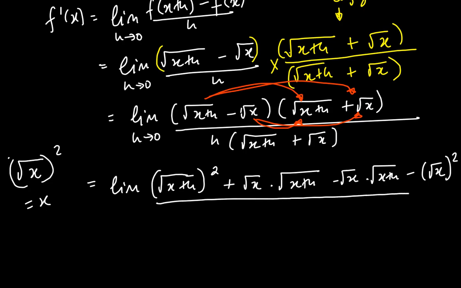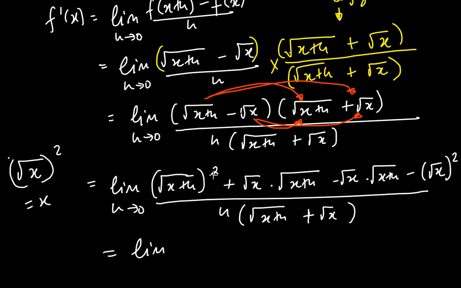Then we're gonna divide that by h times that. In fact, there's no need to multiply out first, so we can say we have h into square root of x plus h plus the root of x. All right, now what are we gonna do as h tends to 0? This will be equal to the limit. Now all of this all squared is just what is inside, so we have x plus h.